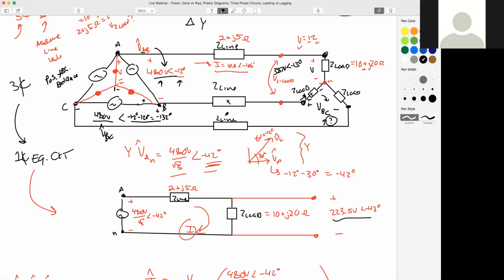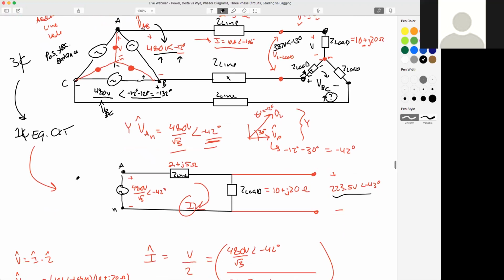So we could have done that. Or what about, what would our B to N voltage be in comparison to the single phase circuit we already have? What would our VBN be? How can we shift it from here?